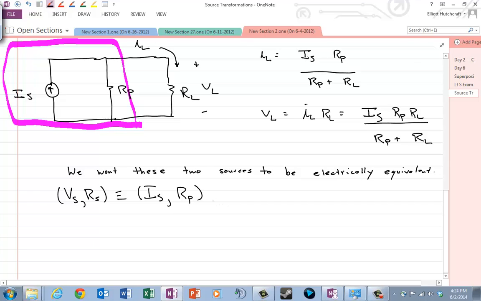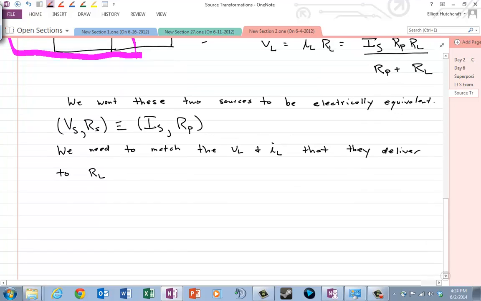So, to do that, we need to match the load voltages and load currents that they deliver, the VL and IL that they deliver to RL.